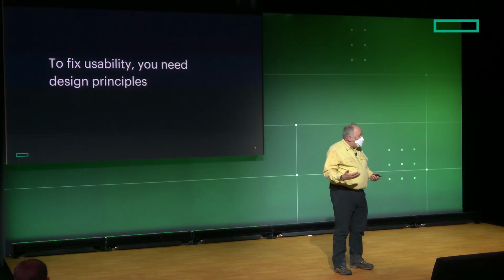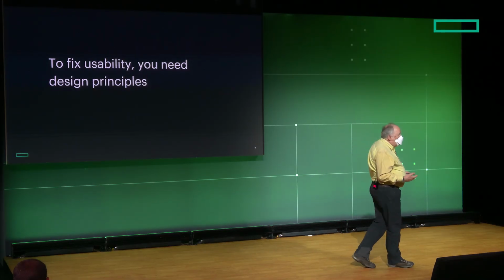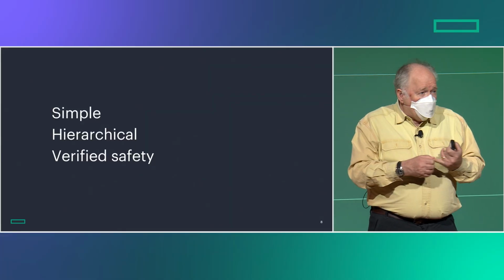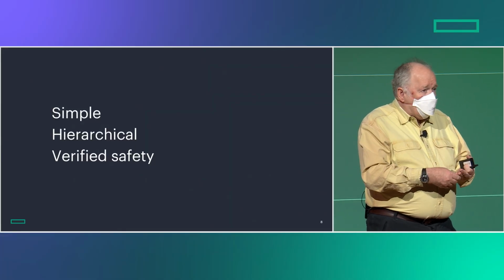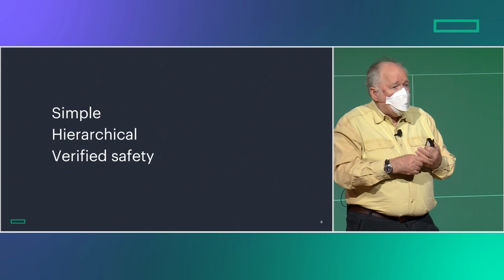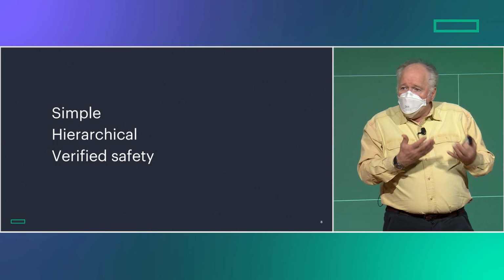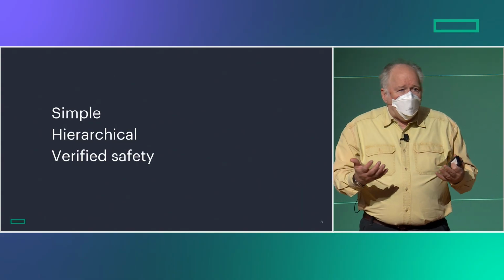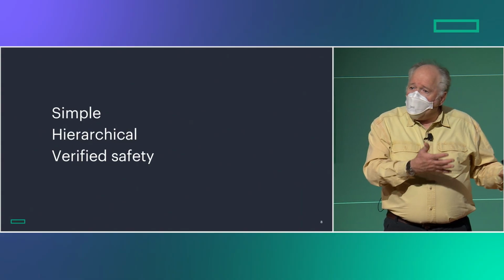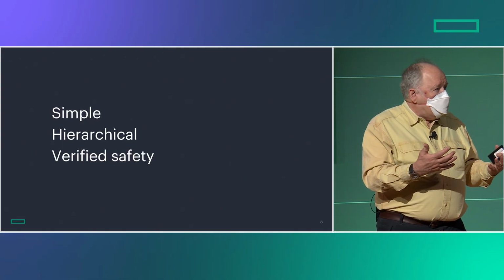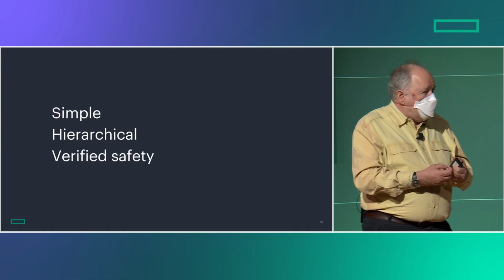The design principles that I've chosen for the Access Manager are that we have to make everything extraordinarily simple. Simple so that people can tell what they're doing. Simple so that people can understand the context they live in. We also made this hierarchical, and not in the sense that it's inevitable, but in a sense that it's good to reflect the organizational structure that our users are embedded in.